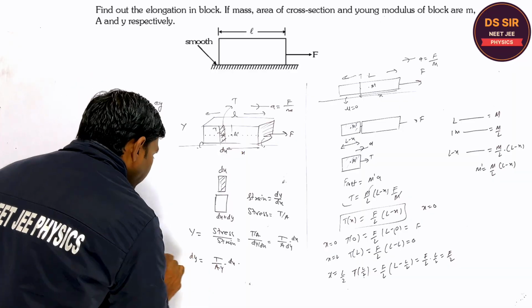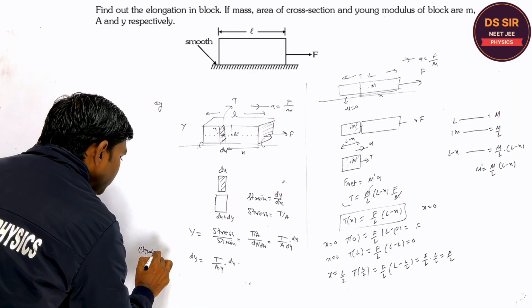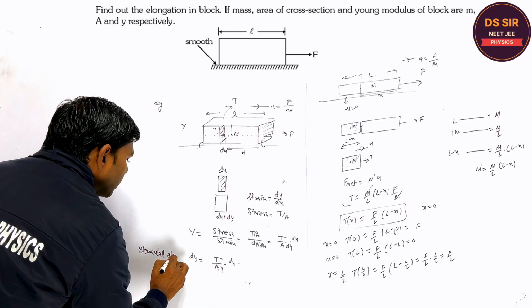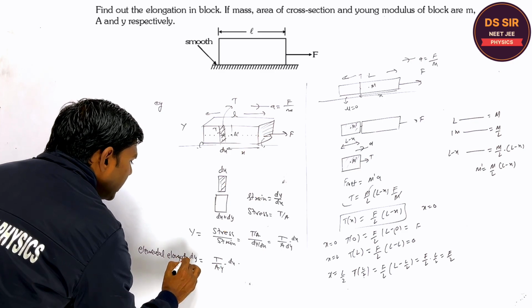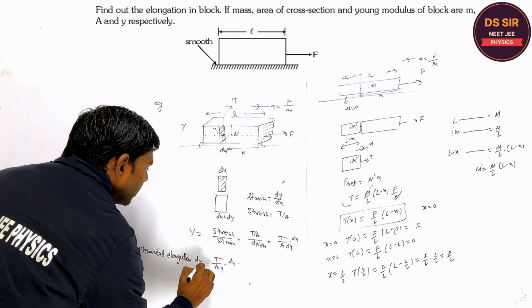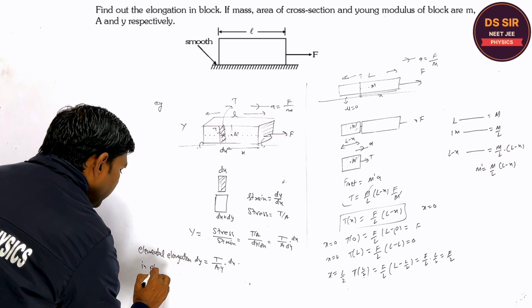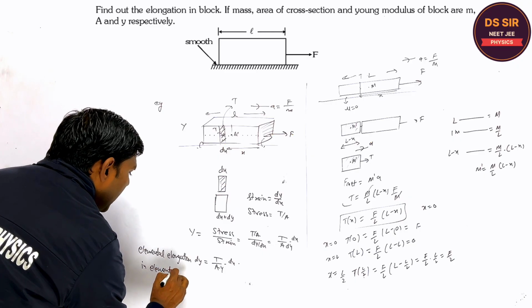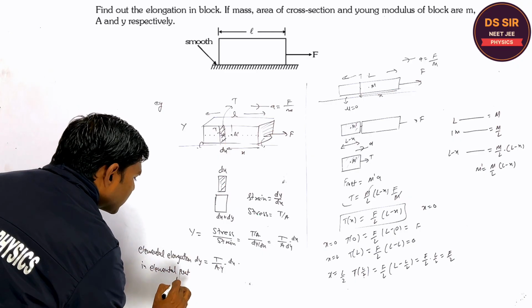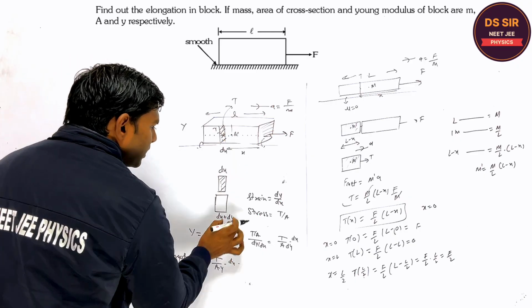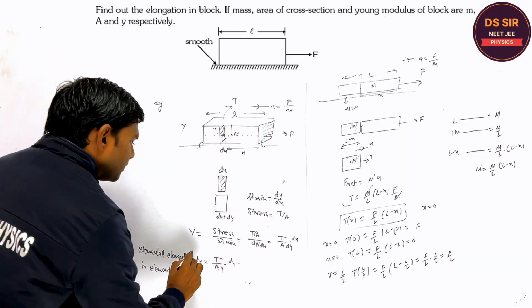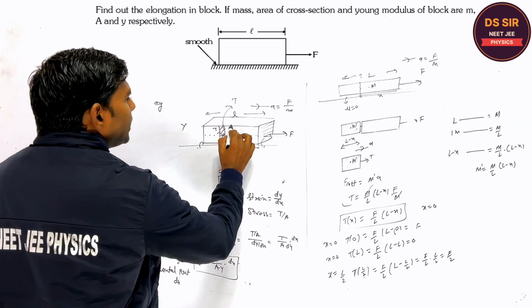So this is the elemental elongation in the elemental part dx. In this part, this is the elemental elongation. So there are so many parts.